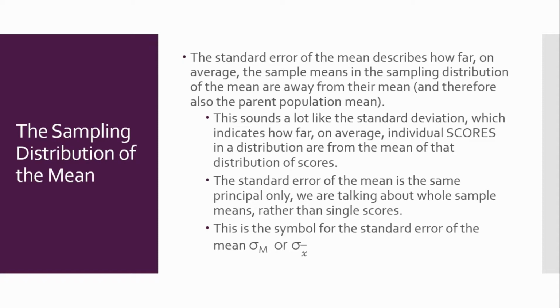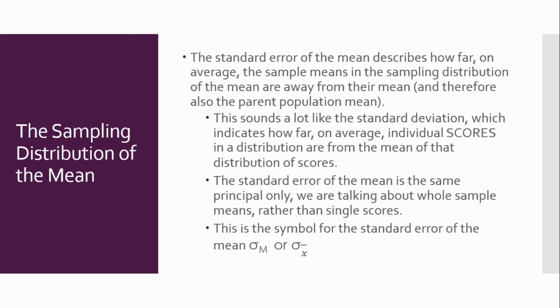So the standard error of the mean describes how far, on average, the sample means in that sampling distribution of means are away from their mean and therefore the parent population mean. Because remember, I just said the mean of the sample means will always match the parent population mean. So this sounds a lot like the standard deviation, which indicates how far on average individual scores will be from their mean.